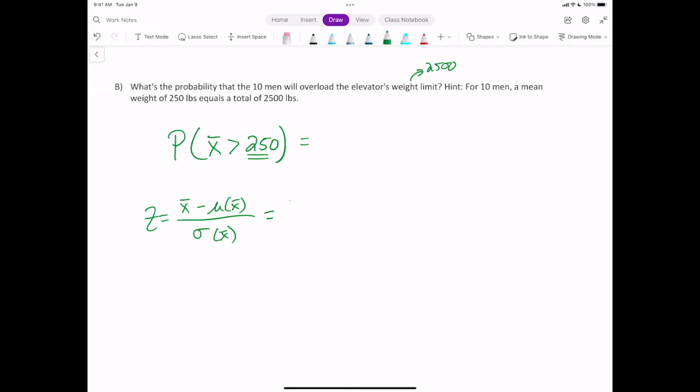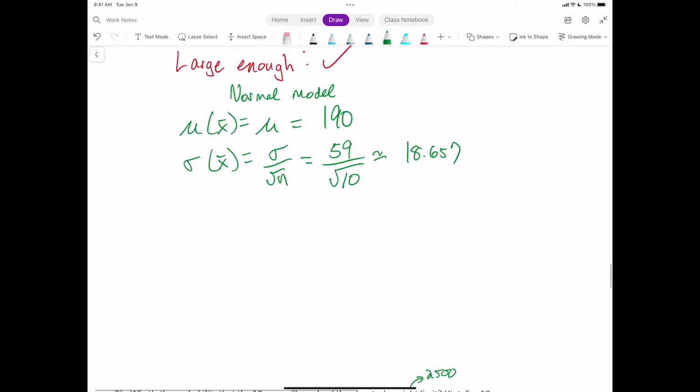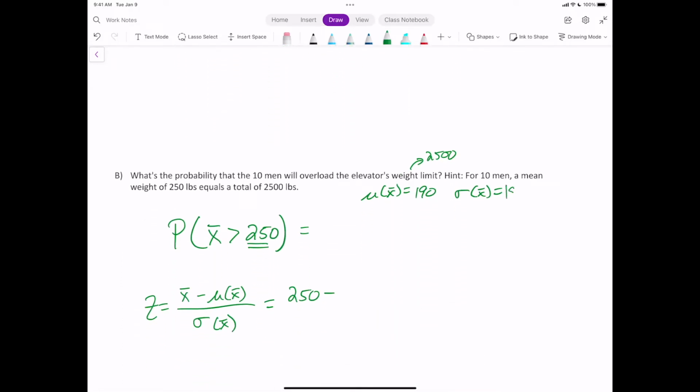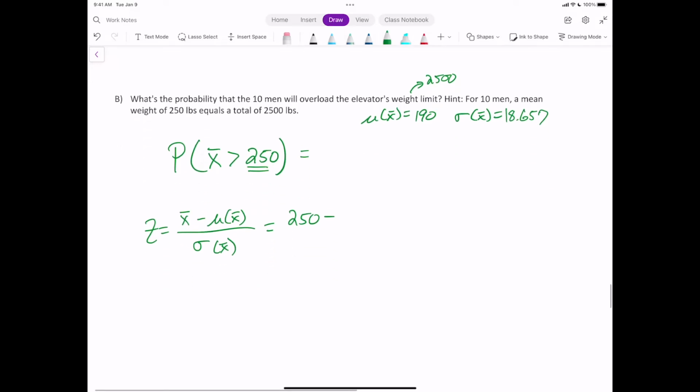So we're going to take 250 minus, and I'm just going to write down for the sake of my memory, the mean weight was 190, I believe, and the standard deviation of the sampling distribution, we said that was 18.657.